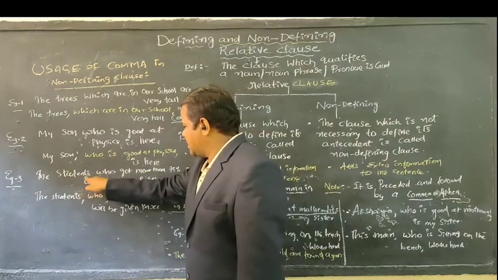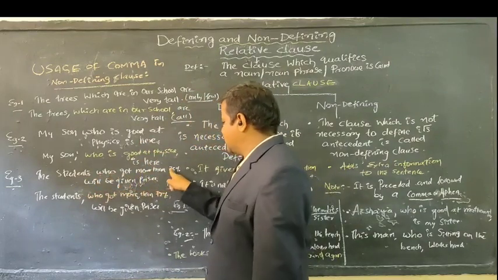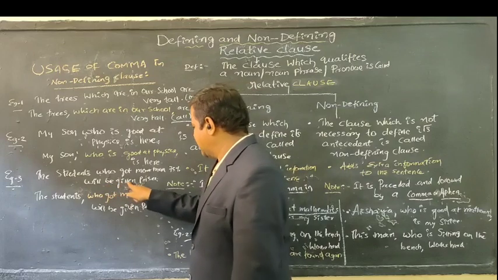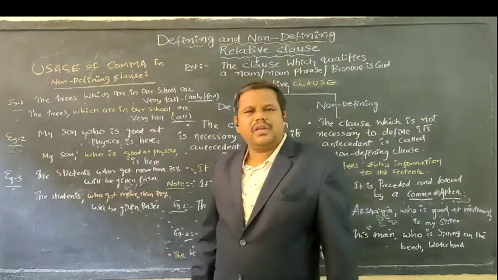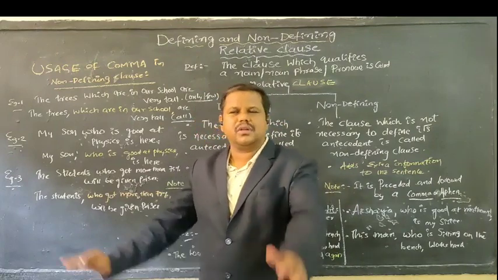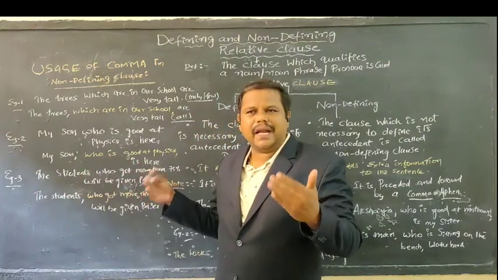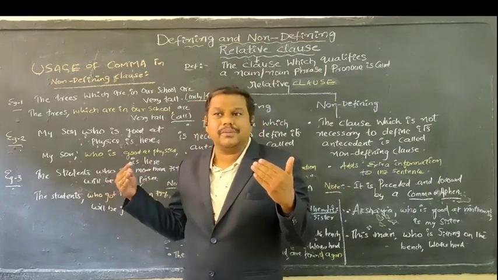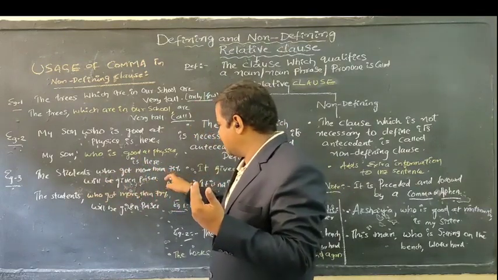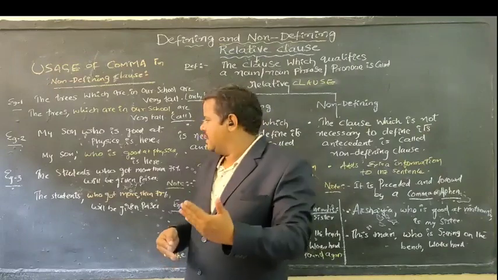Third example: the students who got more than 75% will be given prizes. In this case, we are saying that only a few students are going to get prizes, those who get more than 75%.